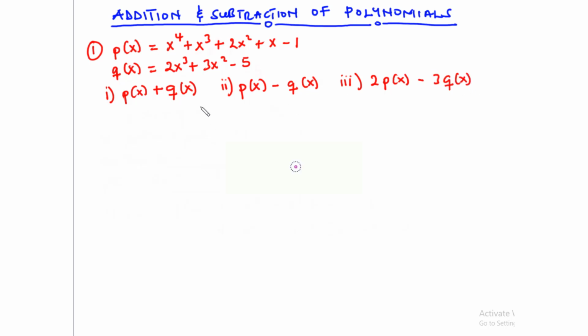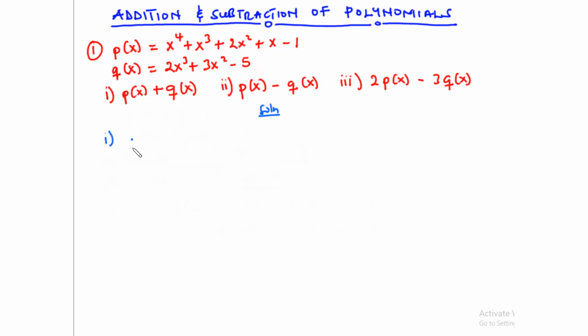Now let's solve this question together. Starting from (i), we are going to rearrange the polynomials such that they will be very easy for us to compare and add or subtract them.